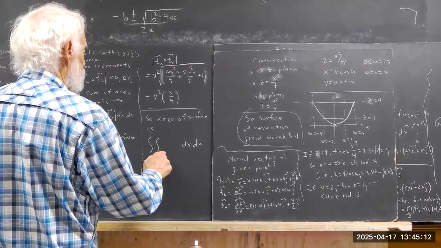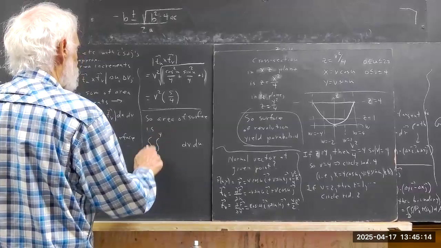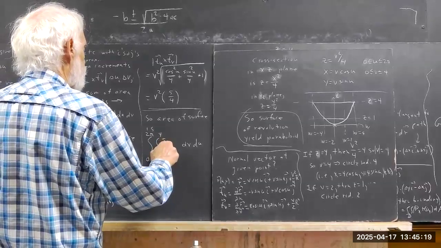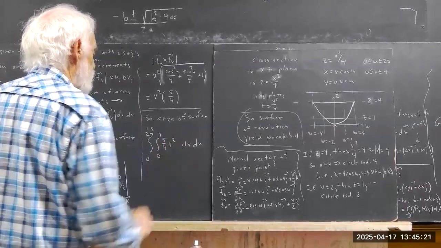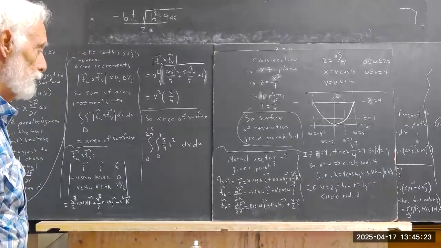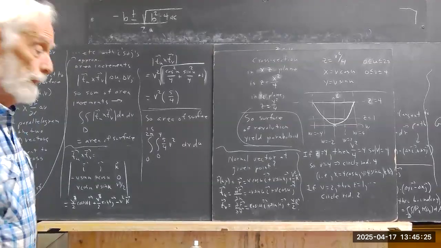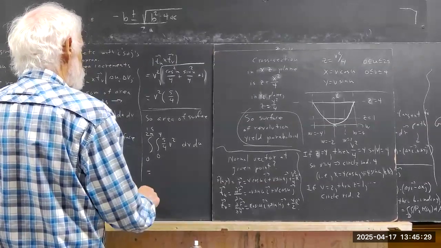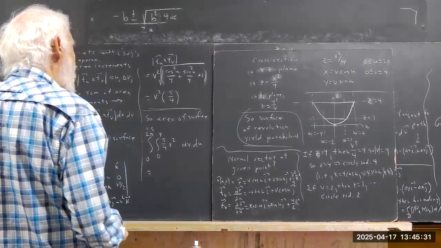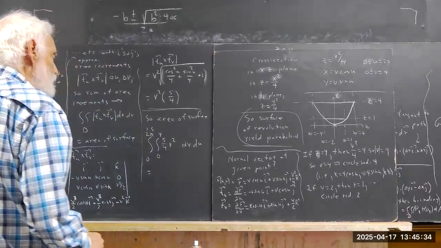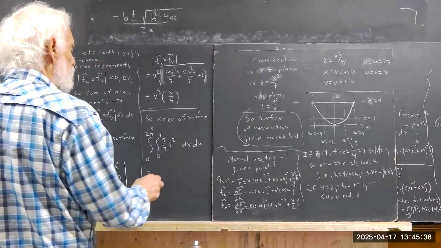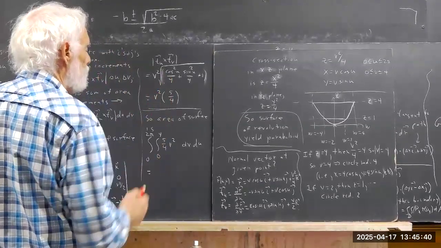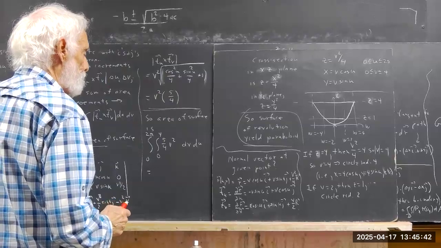V goes from 0 to 4. U goes from 0 to 2 pi. You're just going to integrate 5/4 v squared. That's going to give you 5/12 v cubed over 3.